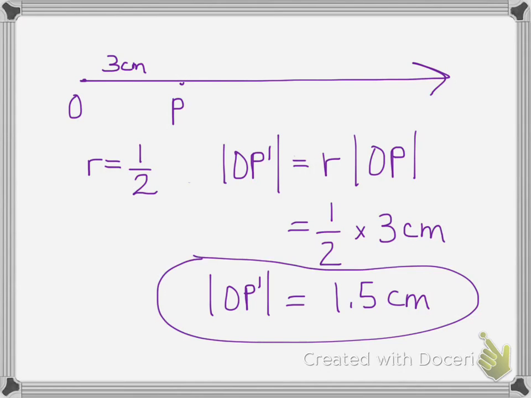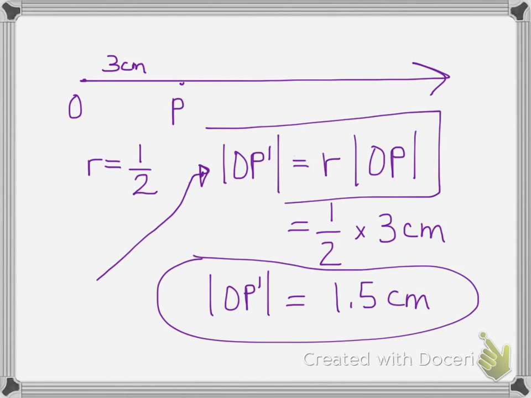Okay, so this is basically the definition of dilation right here, this box, saying that the distance from the center O to P prime is equal to some scale factor times the distance from the center to my point. Okay, so we're going to be doing some problems like this.